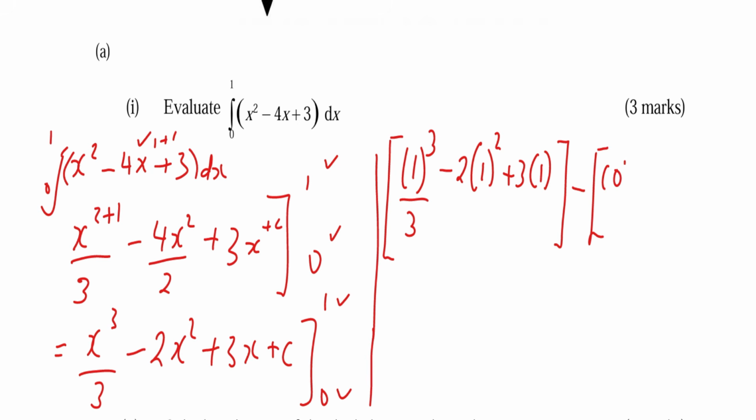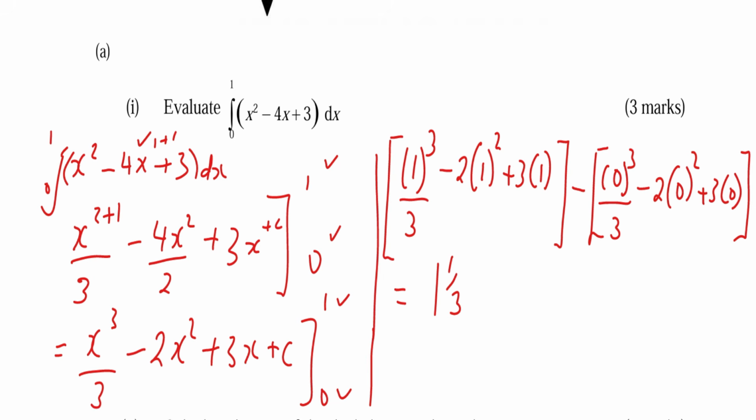Where there's x, you substitute with 0: 0 cubed divided by 3 minus 2 times 0 squared plus 3 times 0. So 1 cubed divided by 3, 1 divided by 3 minus 2 plus 3, gives you 1.33, which is just 1 over 3.